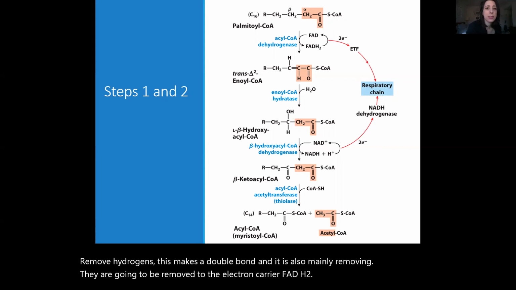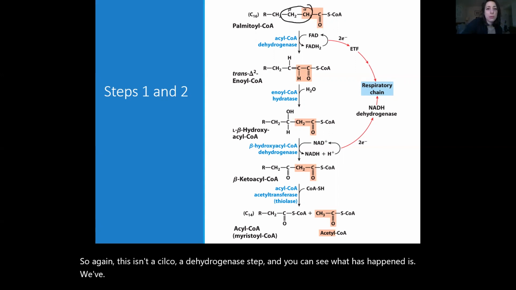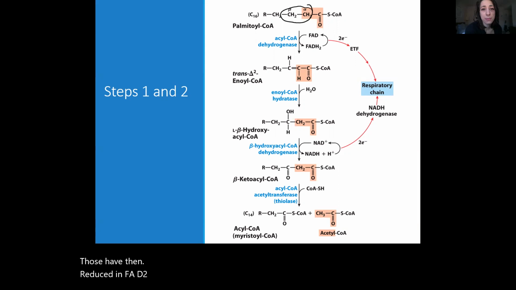So again, this is an acyl-CoA dehydrogenase step, and you can see what has happened is we've removed electrons from this portion between the alpha and beta carbon. Those have then reduced an FAD to an FADH2, which can, of course, go off to the electron transport chain eventually to make energy.